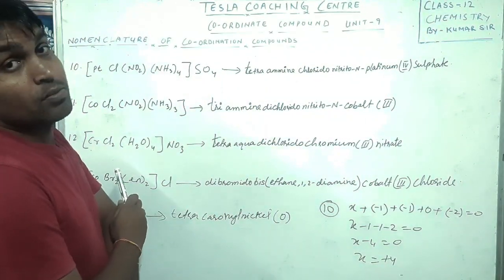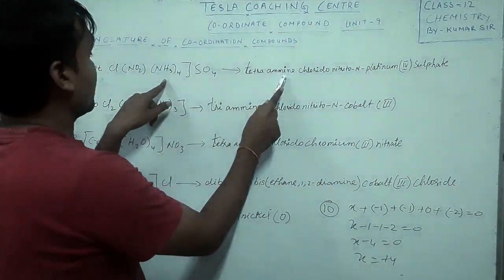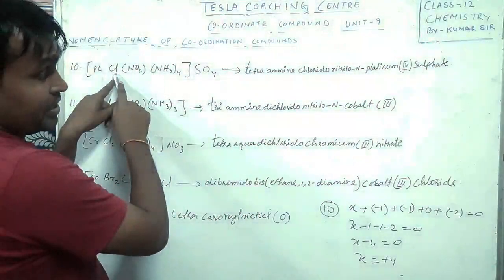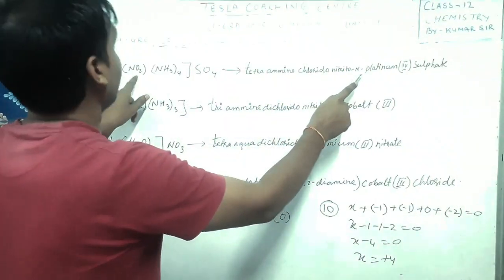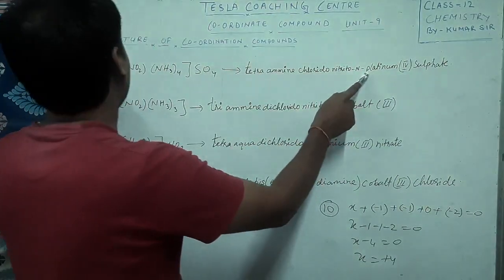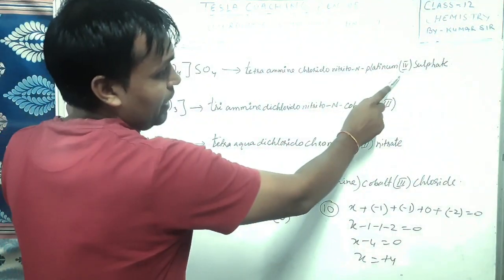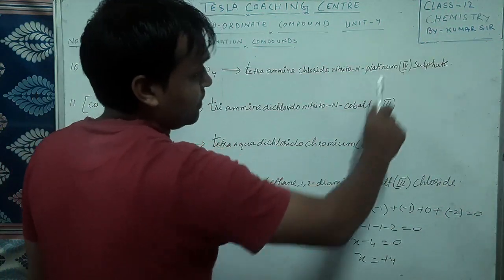It should be written only in a small letter. Okay. So tetraamine, and then comes chlorido, that is chlorido, and then NO2, that is nitrito, and here the bond will be formed through N, so N. And what is this? Platinum. So we have written platinum. What was the oxidation number? 4. So 4 sulfate. Okay.